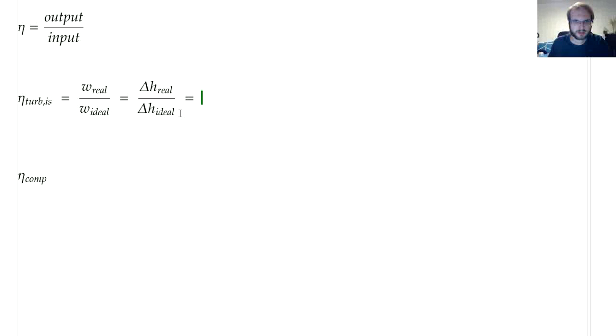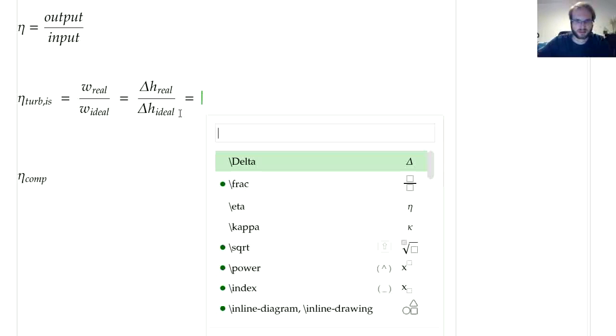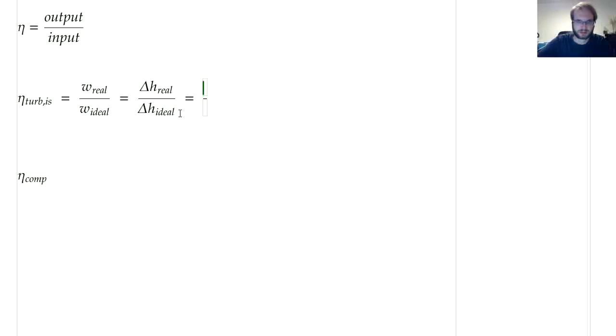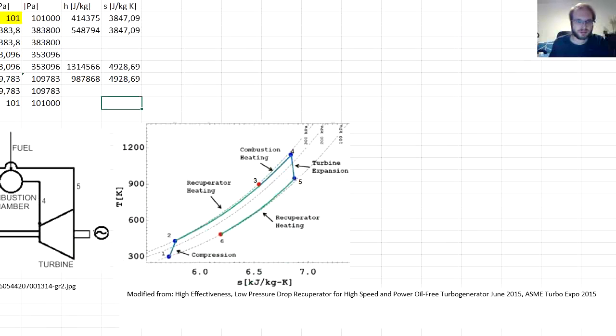And now let's have a look at it once again. What is the difference in enthalpy of the ideal expansion?